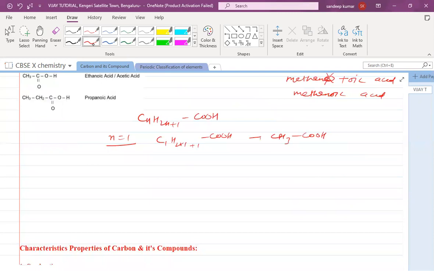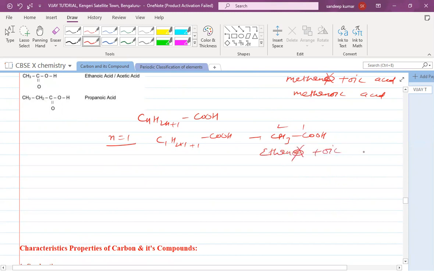Now, if you count the total carbon atoms, 1 carbon, 2 carbon. For two carbons, we write ethane. Remove this E and add "oic acid". So this is called ethanoic acid. This is actually the acid present in vinegar. That is ethanoic acid.